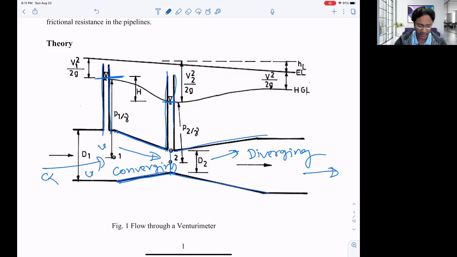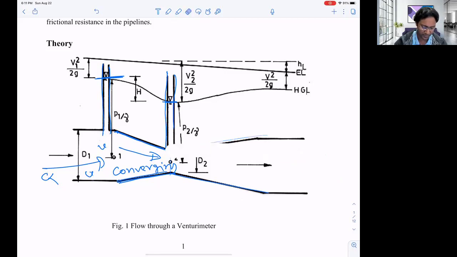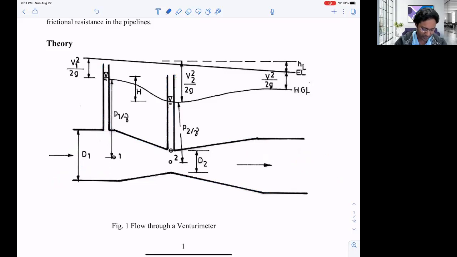If we combine the converging section and the diverging section, then it is called a Venturimeter, and this device can be used as a flow measuring device. If we insert this Venturimeter on the way of a pipe, this part is a Venturimeter, then we can measure the flow. What is the flow rate through this pipe?